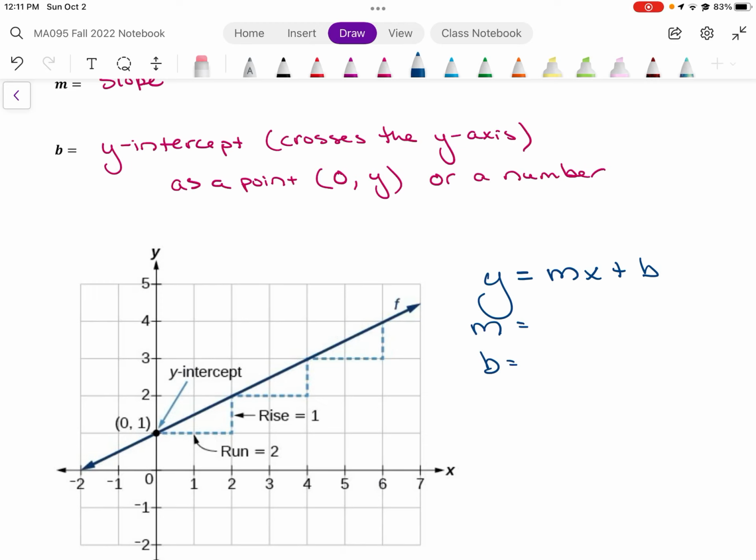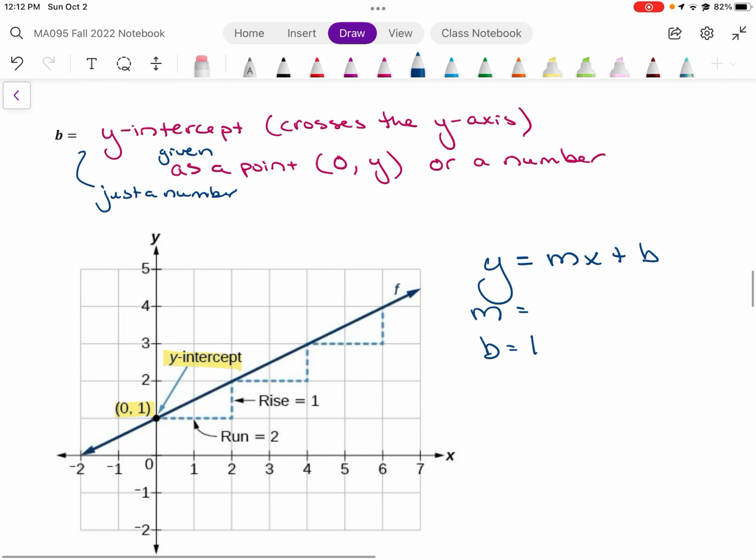We might as well find b first, and it's telling us right here what the y-intercept is. It says the y-intercept is (0, 1). So that means that b is 1. When we use b, it could be given to us as a point or a number, but b itself is always just a number in the equation when we go to make the equation.